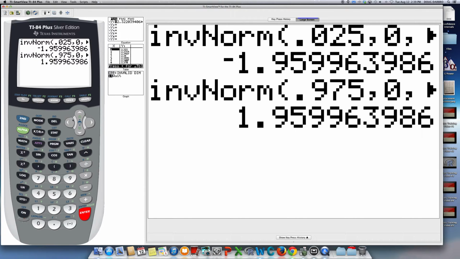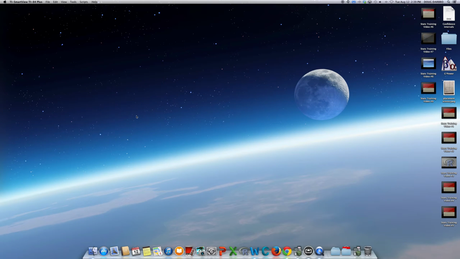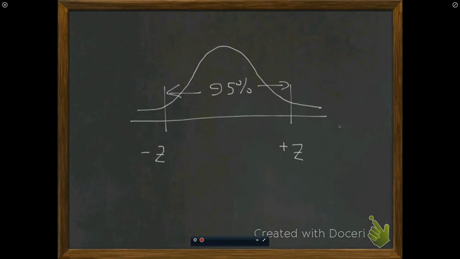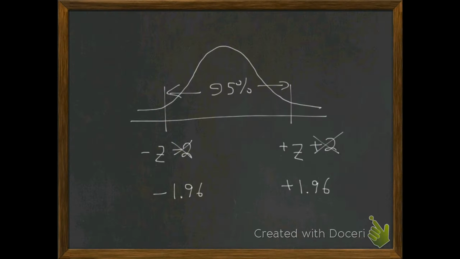So guys, here I get positive 1.96. So going back to the drawing, instead of being between negative 2 and positive 2, negative 1.96 and positive 1.96 give me a lot better indication of the standardized scores for which 95% of the distribution falls between.